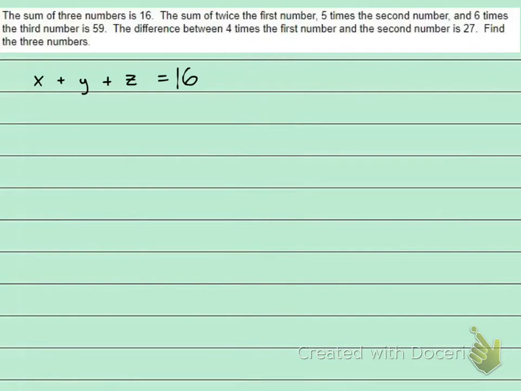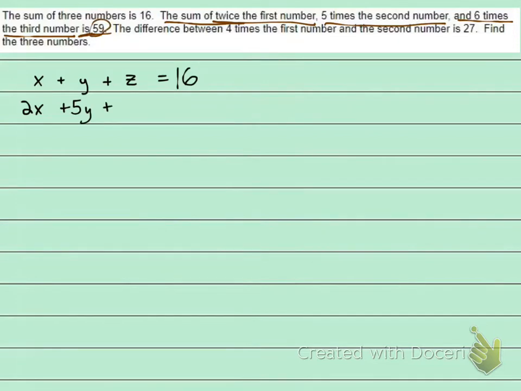Then it says the sum of twice the first number, that's 2x, 5 times the second number, that is 5y, and 6 times the third number is 59.